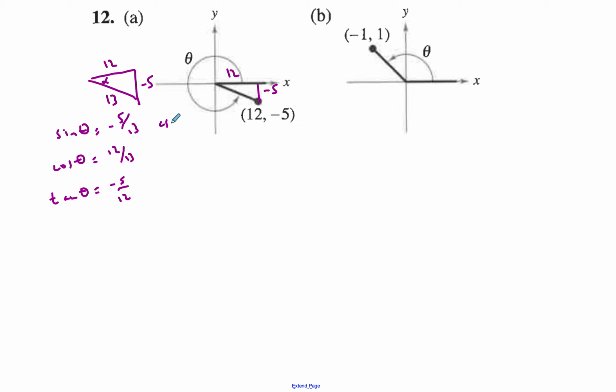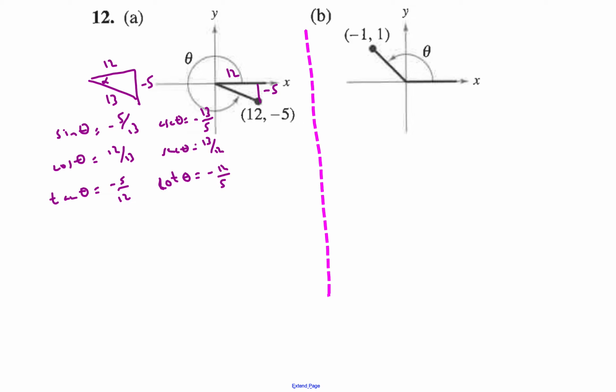And so that means that the cosecant in this case would just be the reciprocal. The secant would be the reciprocal, and you get the idea. So once you've found the first three, you take the reciprocal to find the other three. So it's not actually that terrible, okay?